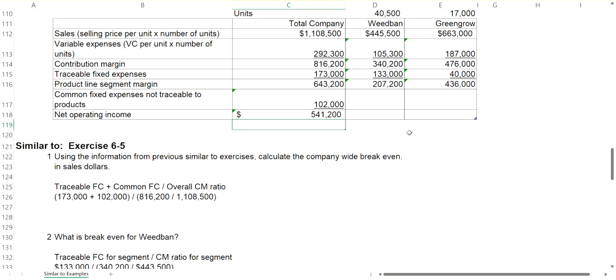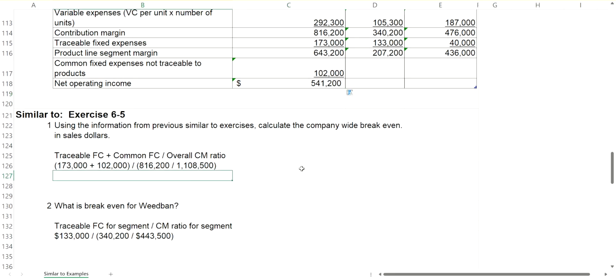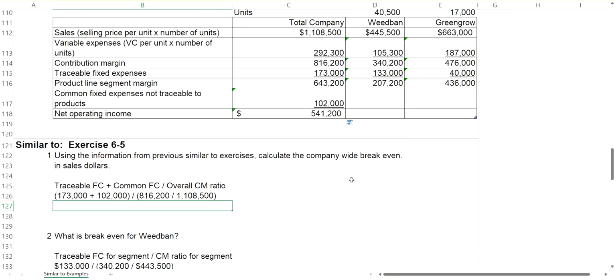Now, in exercise 6.5, we're going to continue on, and I've already helped you out by putting some of the numbers here to get us a head start, by calculating some of the break-evens. First of all, we want to calculate the break-even for the company as a total. So we will use this one here, and it wants break-even in sales. Break-even in sales is fixed cost divided by the contribution margin ratio.